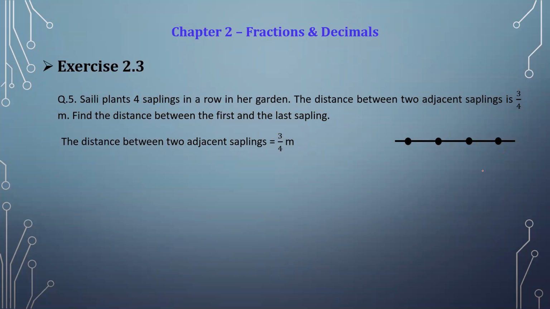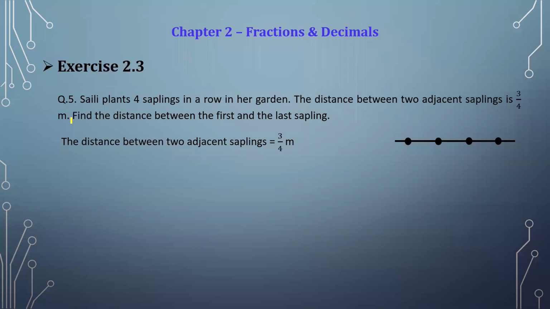Or you can also take the distance between the second and third sapling, which is also 3 by 4 meter. Or the distance between the third and fourth sapling, which is also 3 by 4 meter. So 3 upon 4 meter is the distance between any two adjacent saplings.